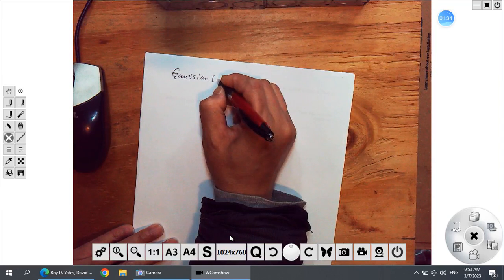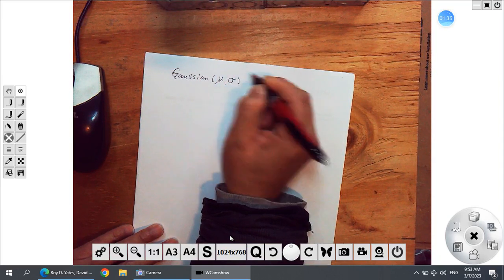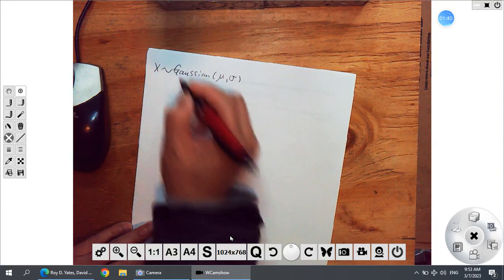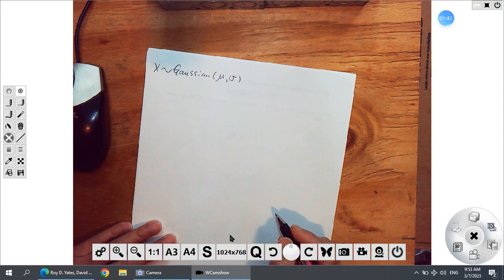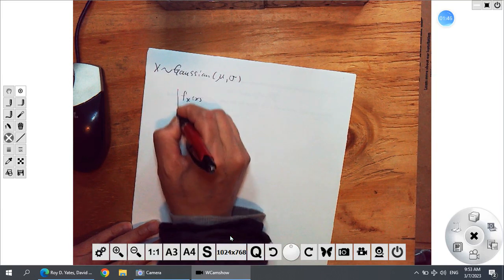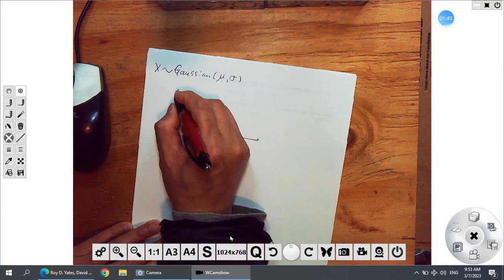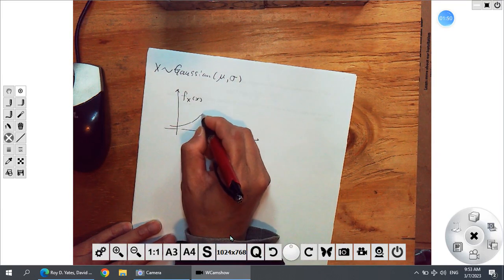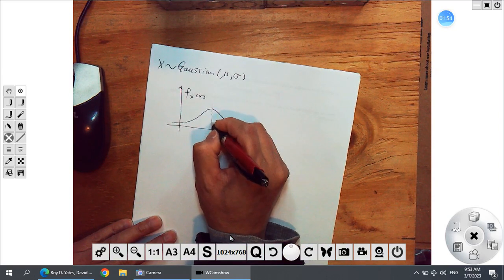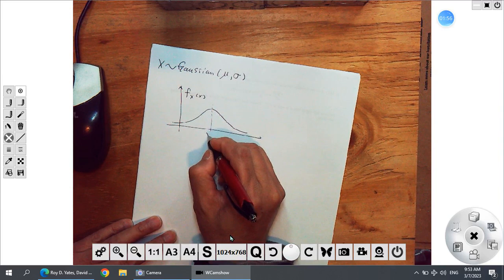Gaussian mu and sigma. The random variable has this distribution. We can write it this way. Then the f_X of x, the graph, looks like this one. Here the peak value will occur at x equal to mu.